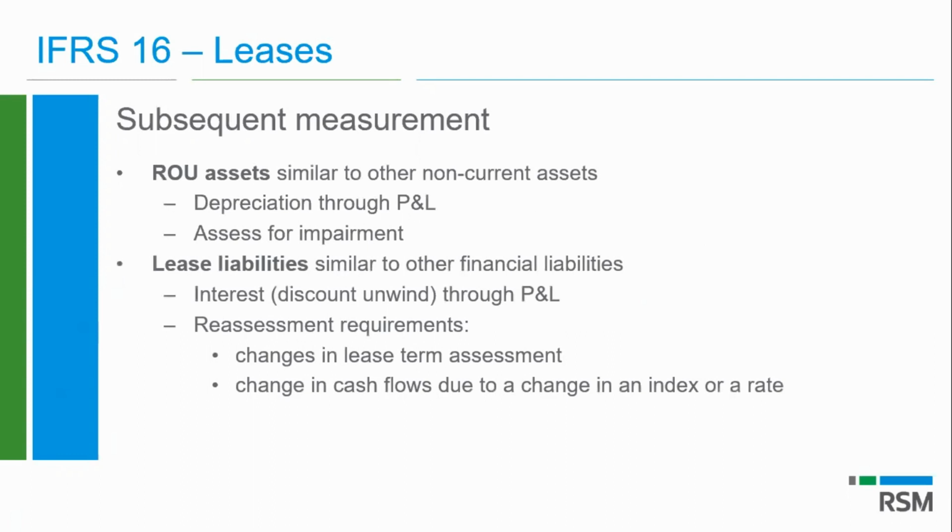You would also reassess your lease liability annually for any possible changes in the lease term that might have happened during the year, and also changes in cash flows due to a change in index or rate. So if there's a change in the CPI or another index, you would also change those. And you would account for any lease modifications as and when they occur.